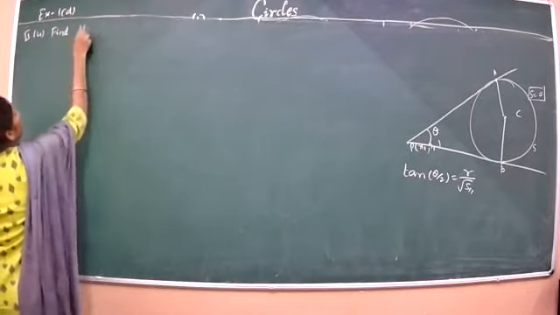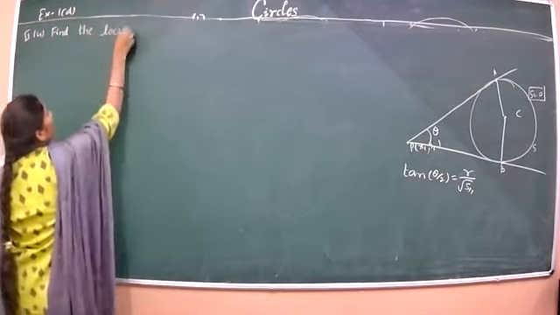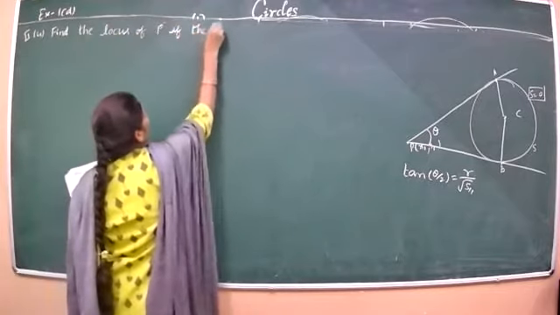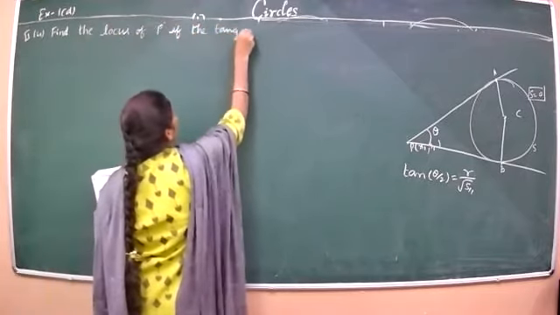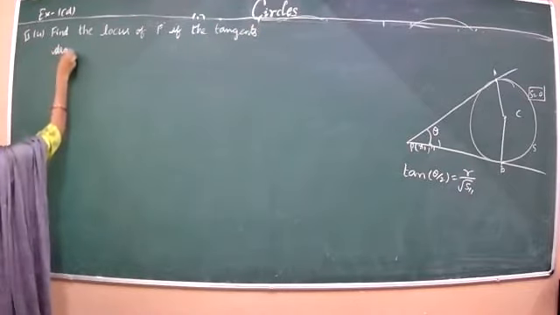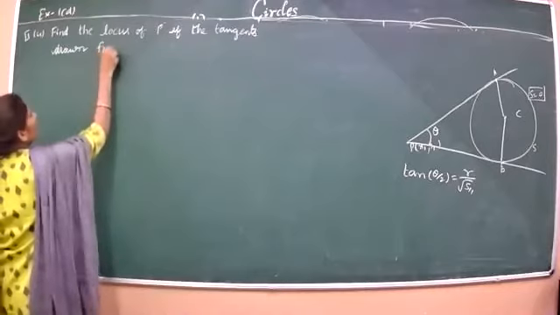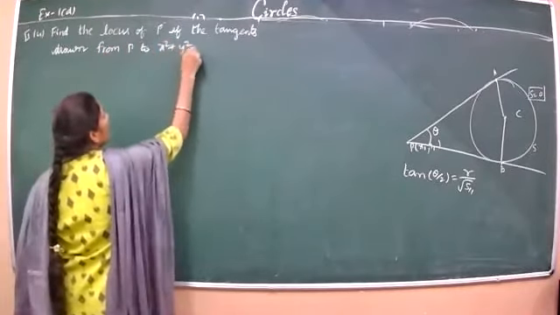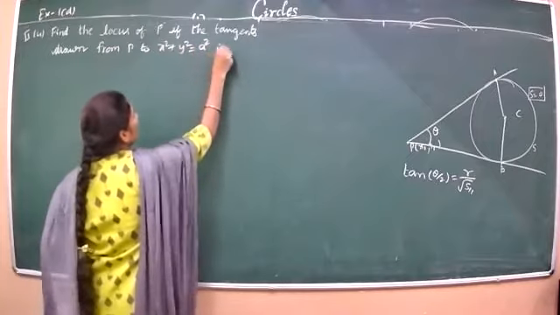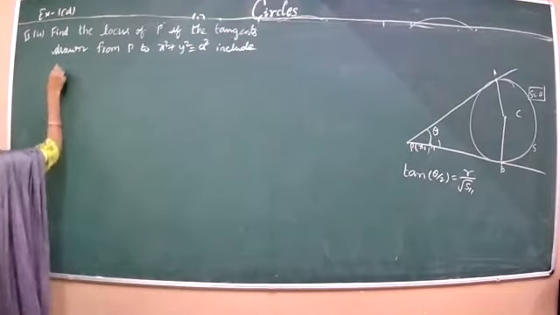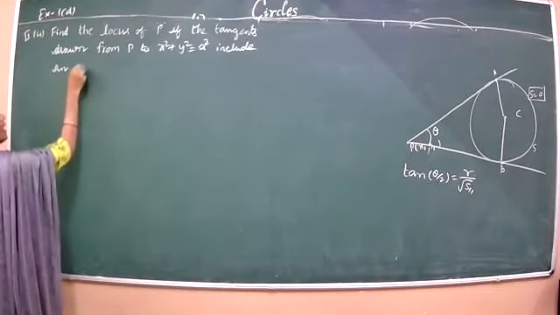Find the locus of P if the tangents drawn from P to x square plus y square equal to a square include an angle alpha.